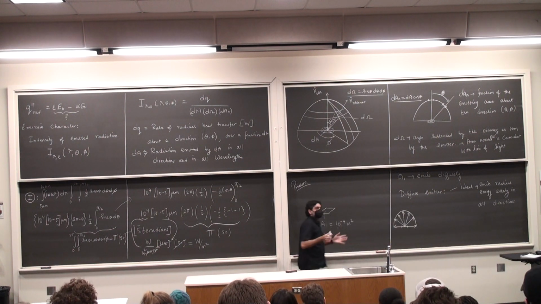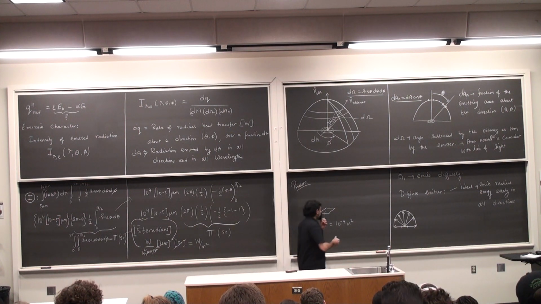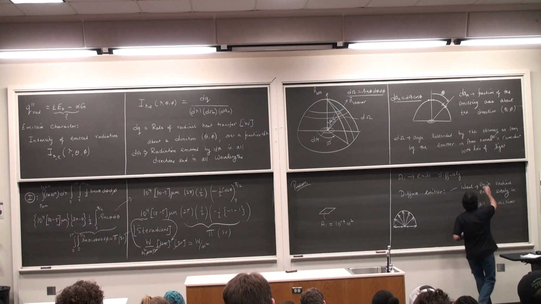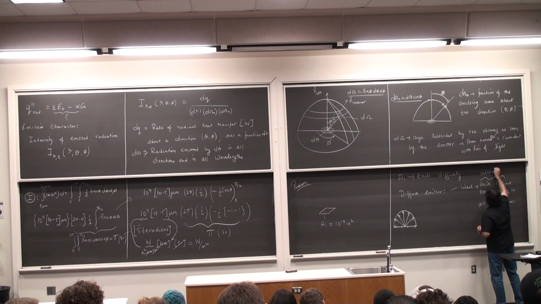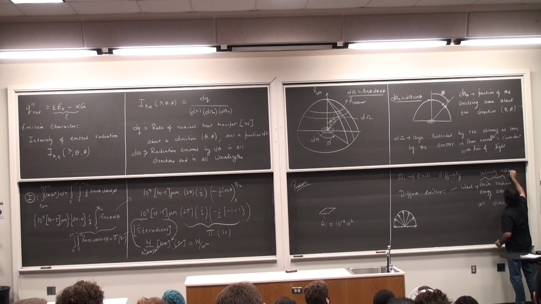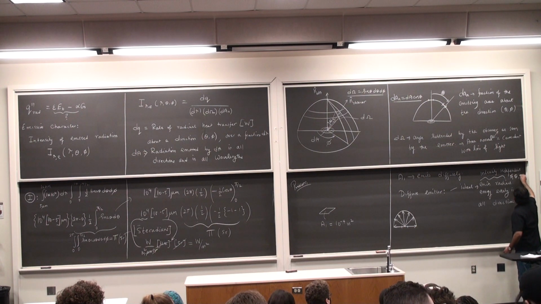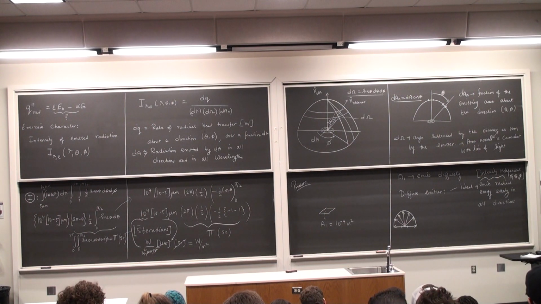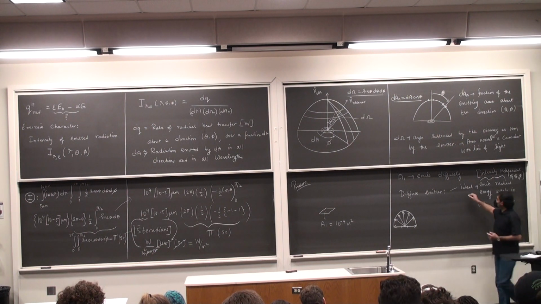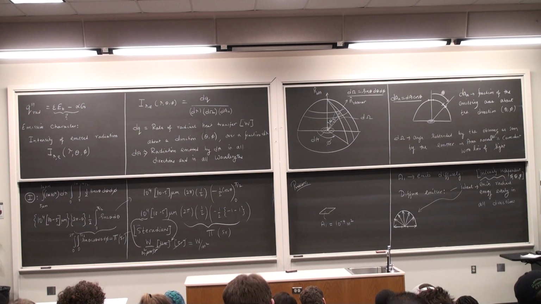So the intensity is the same in all directions, so the intensity is independent of the angle. Independent of theta and phi. That's an ideal emitter. It's typically called a black body in your book. And I said that we will not be using that terminology here.